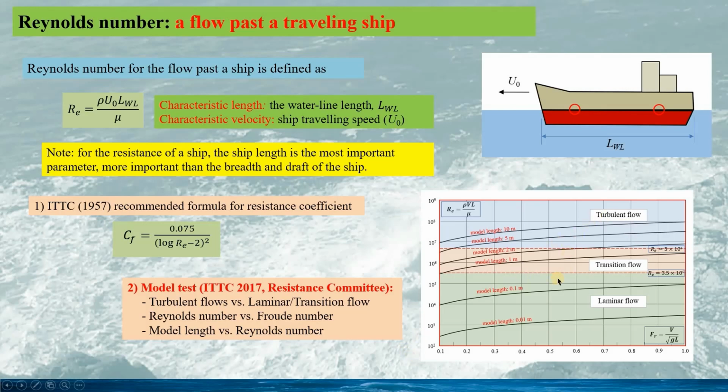From this drawing, we can see if the length of the model is less than 2 meters, it would be very difficult to have the model test in turbulent flow, and the modeling on such a model would not be correct, since the real flow around the ship is turbulent, but the model flow is the transition flow or the laminar flow, so the modeling is not correct.